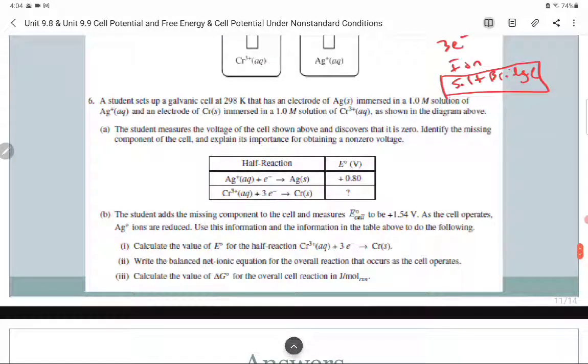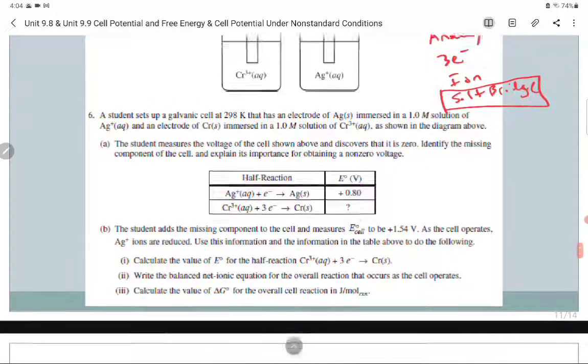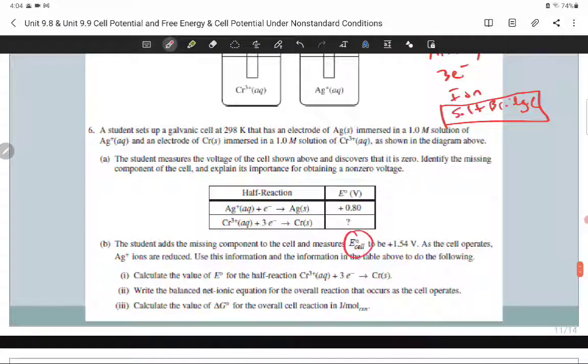B, calculate the E cell for the half reaction chromium. Well, we've always solved for E cell. This time we're not, because we have E cell. So 1.54 equals reduction minus oxidation.